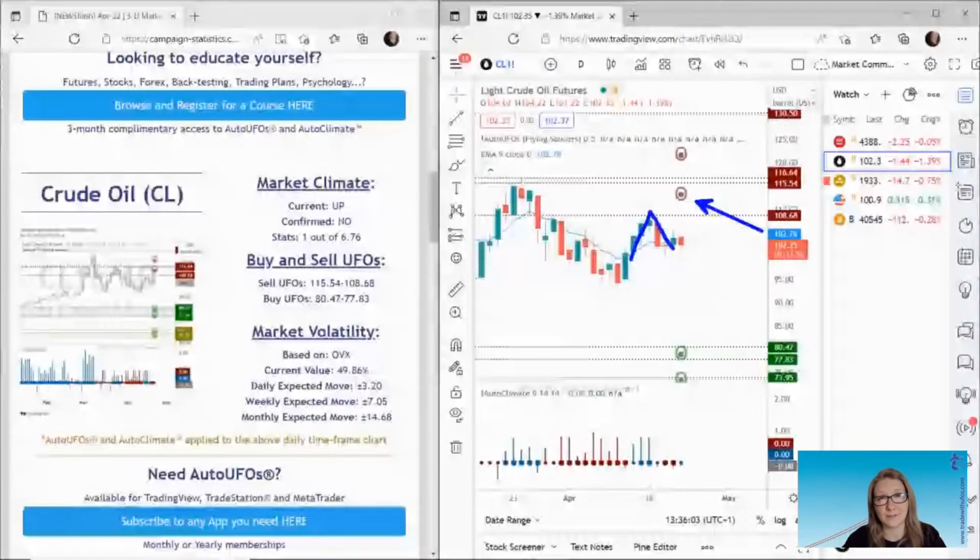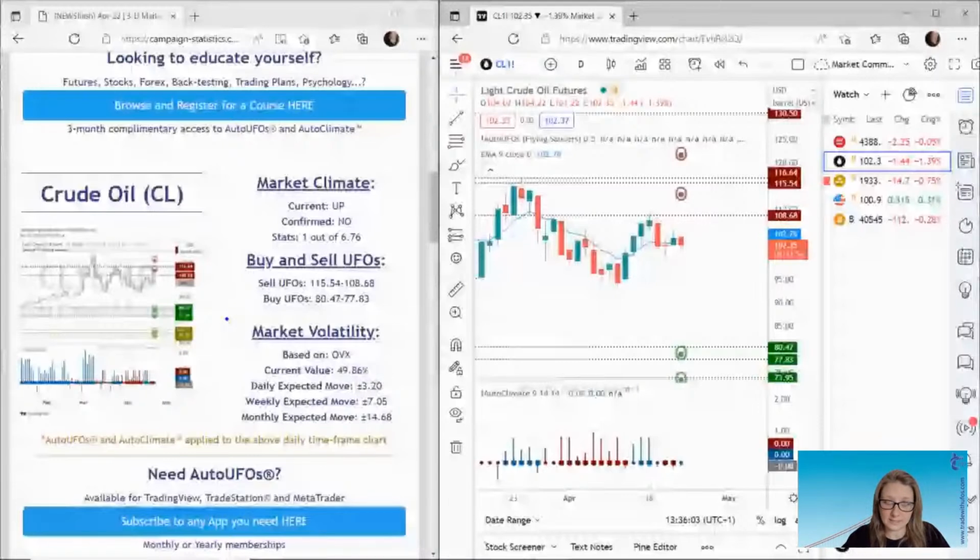That's what we expect sellers to do, is push price down. That's why we want to know where they are. So if price were to come back up and hit these sellers, we'd expect them to push price down again. For the time being, we're a little way away. And then we've got buyers even further away between 80.47 to 77.83. So for the time being, undecided with crude oil.